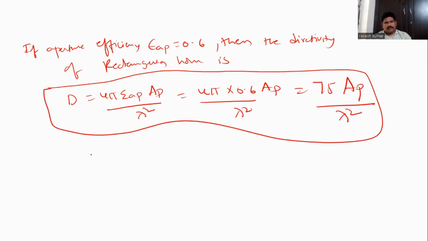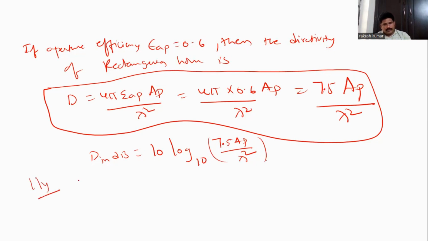In dB it can be expressed as 10 log base 10 of 7.5 AP by lambda square.